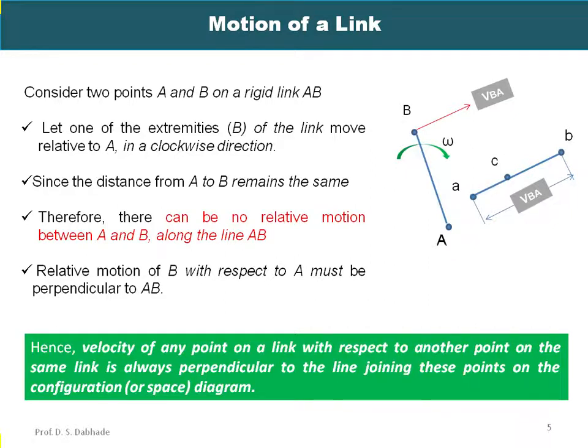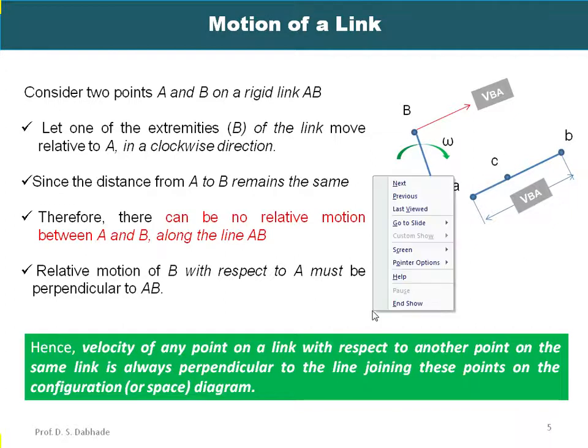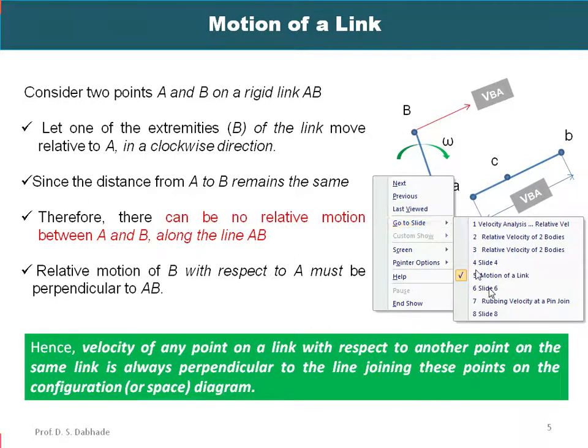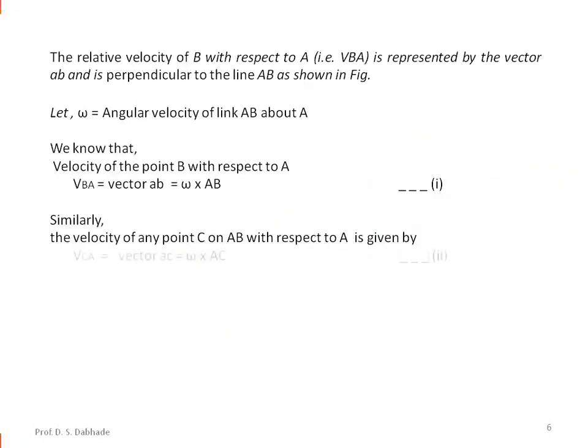So this AC represents the velocity of C with respect to A. So the velocity of CA is equal to vector AC, and it is in terms of omega into AC. So what will be the distance on the link for this particular point C from A, that is AC, and omega, since both the points are on the same link, the angular velocity will be the same. So let it be equation number 2.